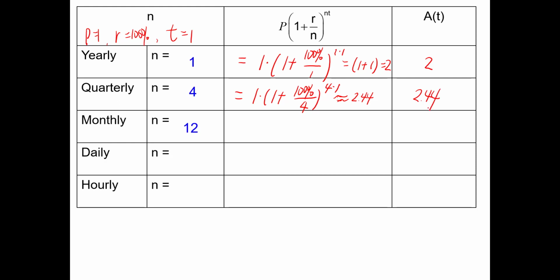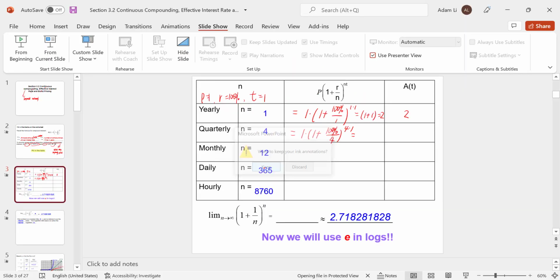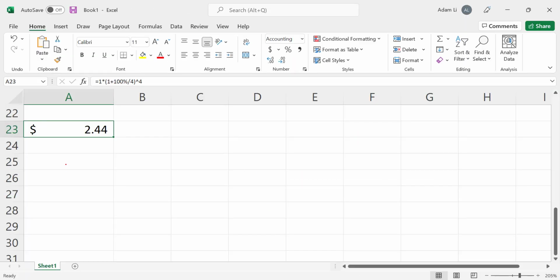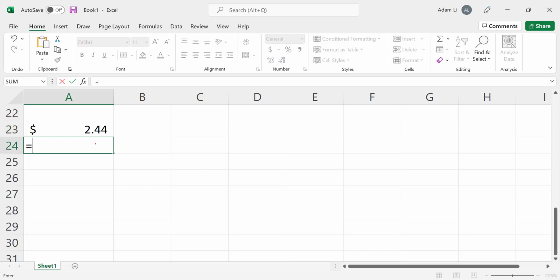Okay, so now next thing is compounding monthly. So n equal to 12. So 1 times 1 plus 100% over 12, raised to 12 times 1. Let's see what that is. So it's 1 plus 100% over 12, raised to the 12th power.